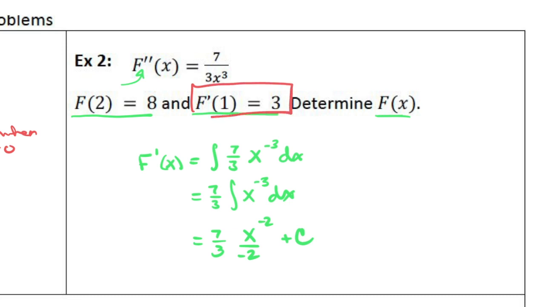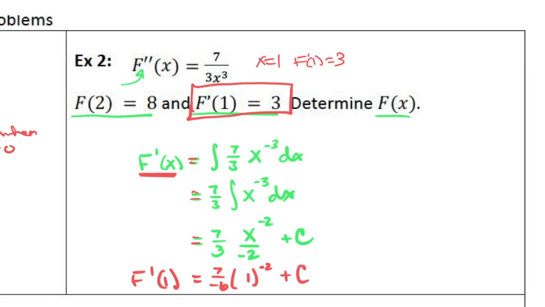Now, use the information you're given. f prime at 1 equals 3. So it's very important that you understand your notation. f of x is on the left side of all of these equal signs. f prime of x. So f prime of 1 equals, remember this is your x equals 1, and f prime at 1 is equal to 3. So substitute, we're going to have 7 over -6 times 1 to the -2 plus c must be equal to 3.